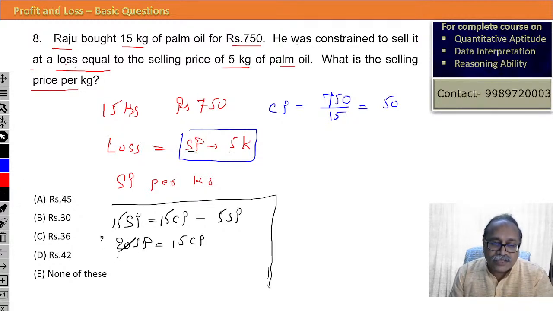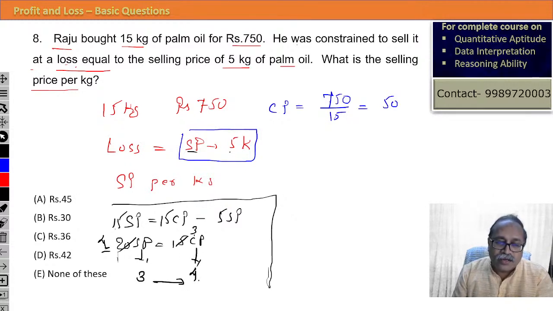With 5, this is 4 times and with 5, this is 3 times. And SP by CP: if SP is 3, then CP will be 4. How much profit are you getting? No, no, no, there is a loss, because your SP is 3 and CP is 4, so there is a loss.